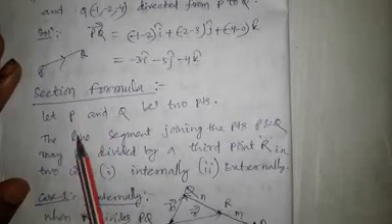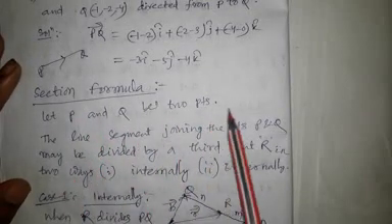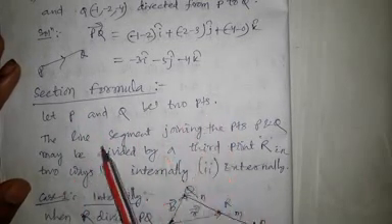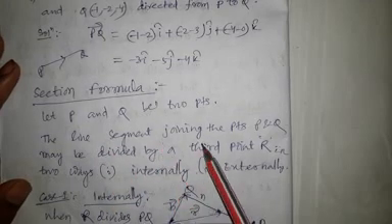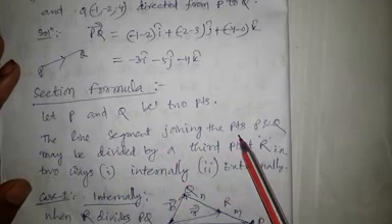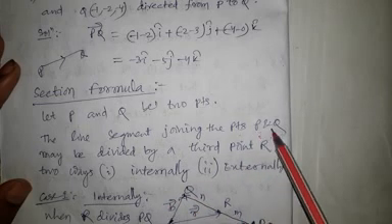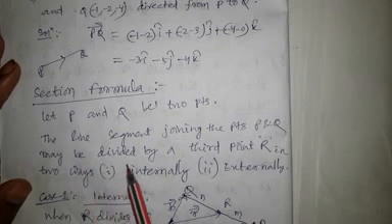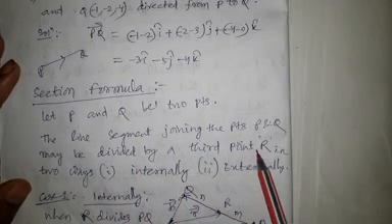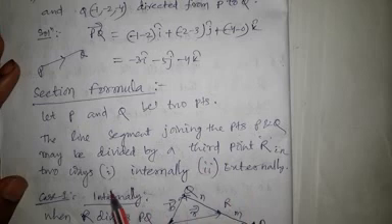Now the section formula. Let P and Q be 2 points. The line segment joining the points P and Q may be divided by a third point R in 2 ways.